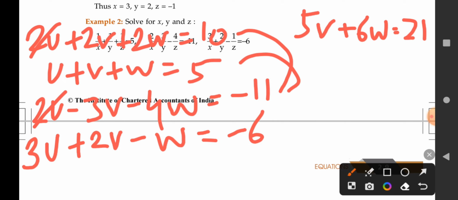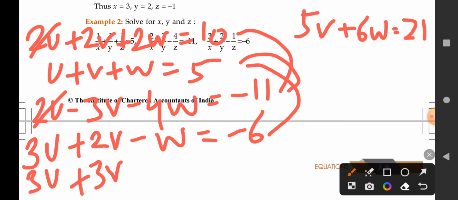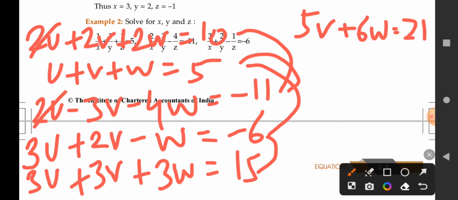Now this and this equation, multiply 3 here. So 3u plus 3v plus 3w is equals to 15. Now this and this equation, subtract. You get minus v, and minus 4w is equals to minus 6 plus 15 becomes 21.